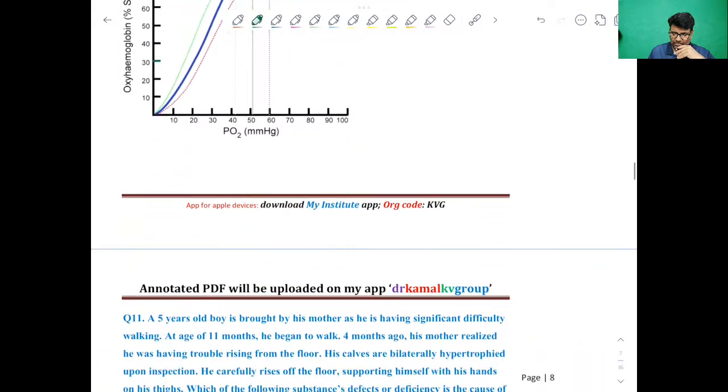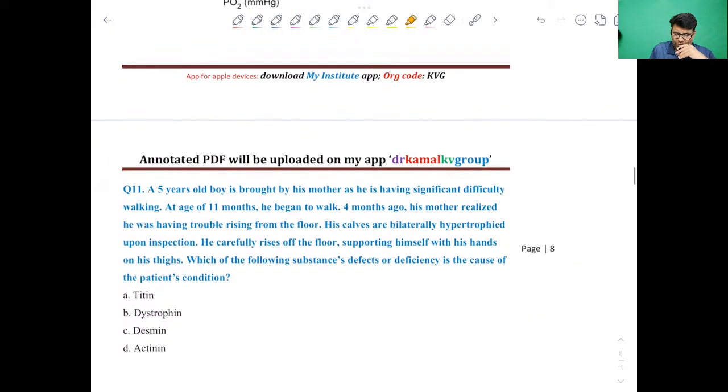The next question: a 5-year-old boy is having difficulty in walking, right? His mother realized that he is having trouble rising from the floor.